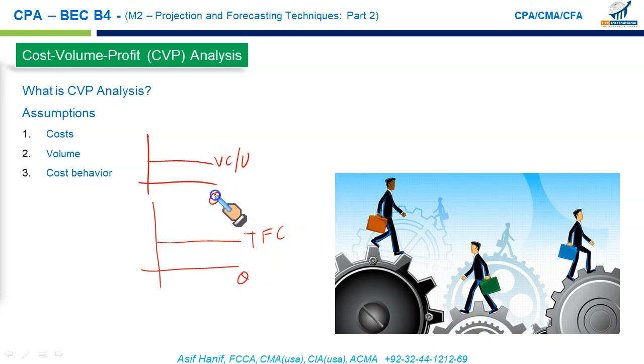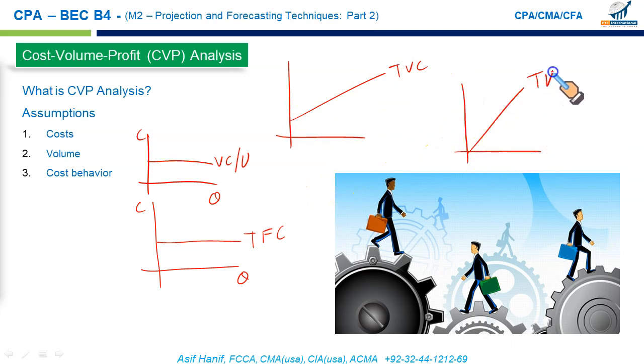Quantity is on the x-axis and your cost on the y-axis. And your total cost, which is the sum of your variable cost and fixed cost. And this would be the representation of your total variable cost. You can see your variable cost on per unit basis stays the same. That's why it's a horizontal line. Your total fixed cost in the relevant range stays the same.